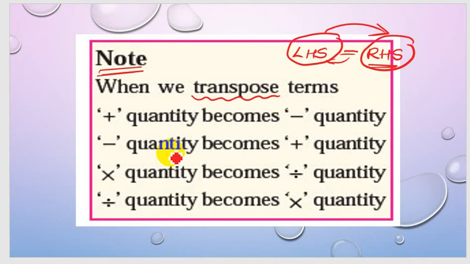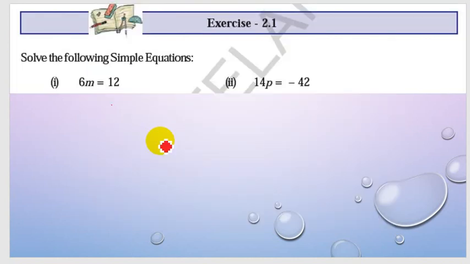Whether it is one variable or two variables, it will be helpful in your upcoming mathematics problem solving as well as physics and chemistry, right? Whenever you are having equations, you need to make use of these transpositions. So you need to remember this, right?